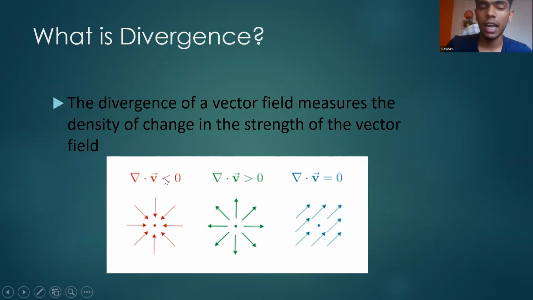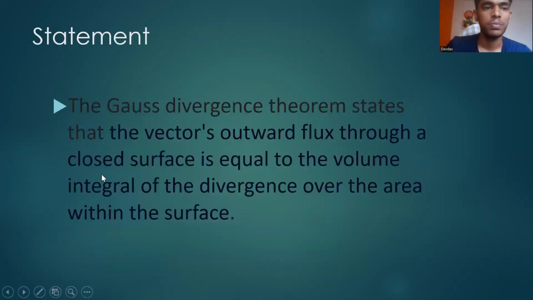So for divergence we use dot product. Basically, dot product is between a vector and a vector. When you multiply two magnitudes, the result is a scalar product. So the divergence of a vector is a scalar product.